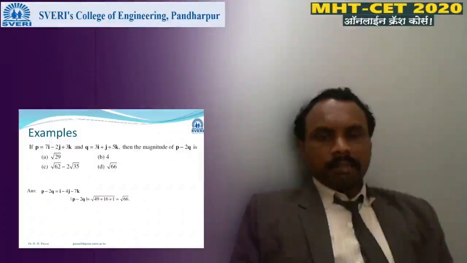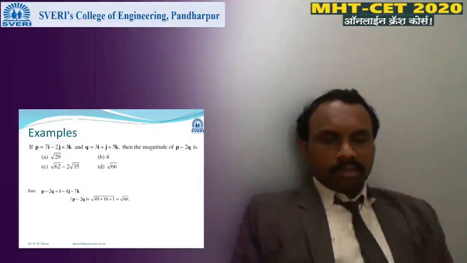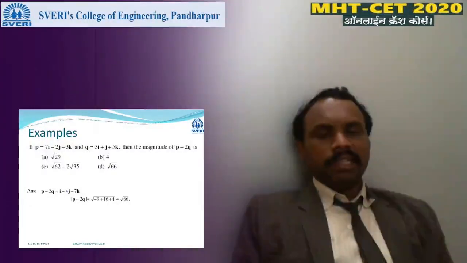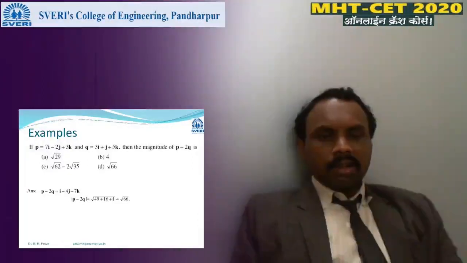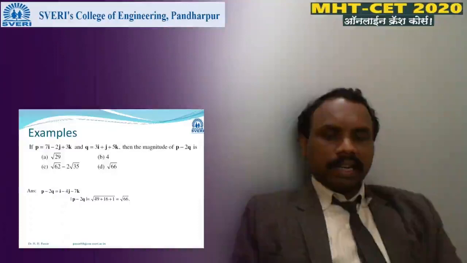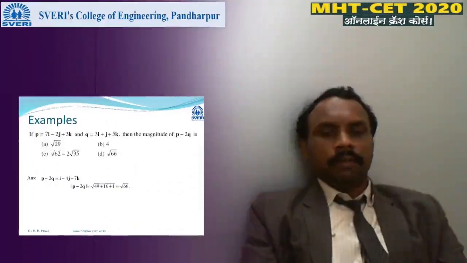Hence, its magnitude is obtained by square root of 1 square plus minus 4 square plus minus 7 square, that is square root of 1 plus 16 plus 49, which gives us square root of 66. So in this case, root 66 is the correct answer. Now we'll see the next example.